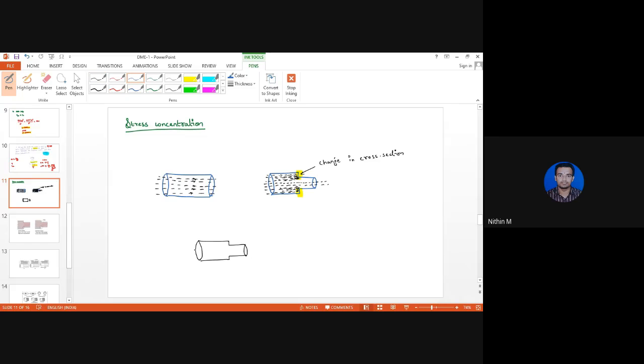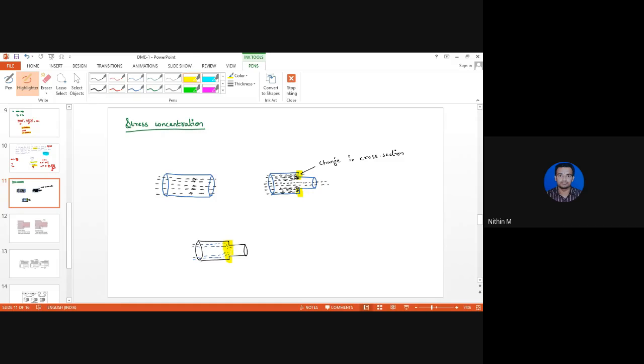The water molecules here will try to get concentrated here. Along with the regular water molecules, this region is facing an increase in the amount of fluid, right? So the water molecules are getting concentrated in this particular region.